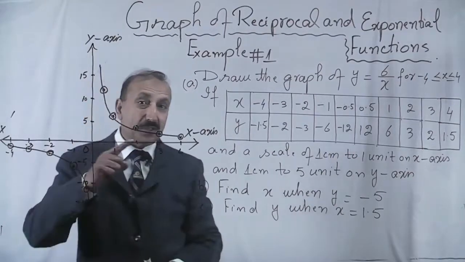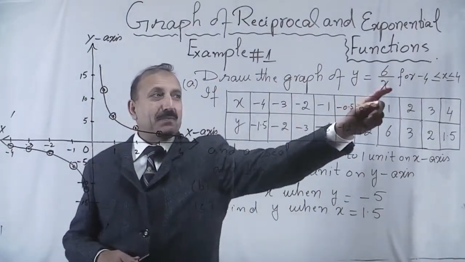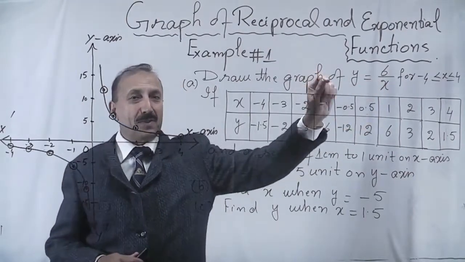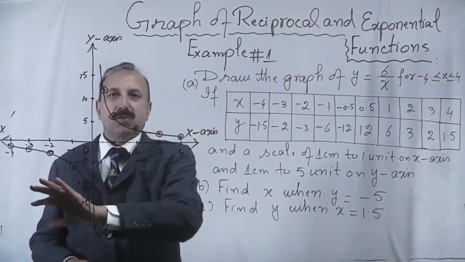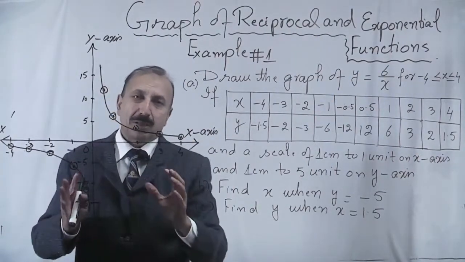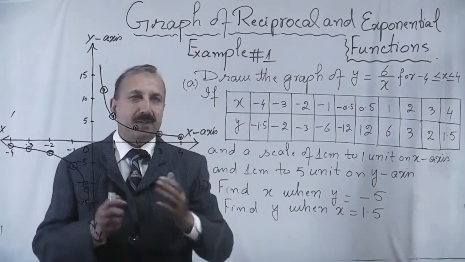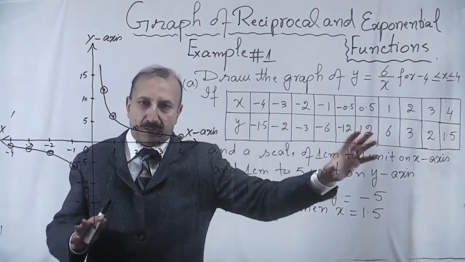We studied in interpretation of graphs that for a reciprocal graph with power -1, when the value of a is positive, it is in the first and third quadrant. The concept of basic graphs is 100% similar whenever we have a general graph with more values.